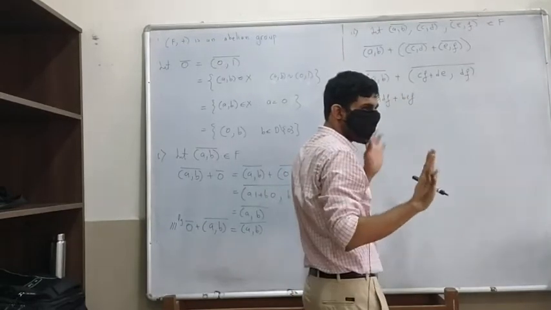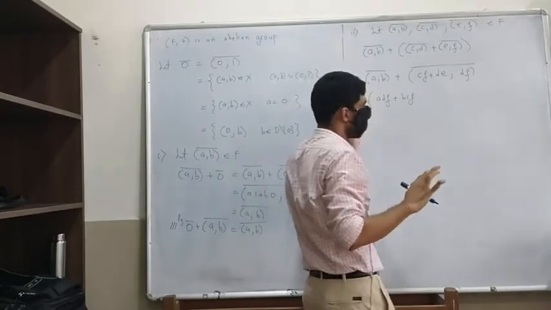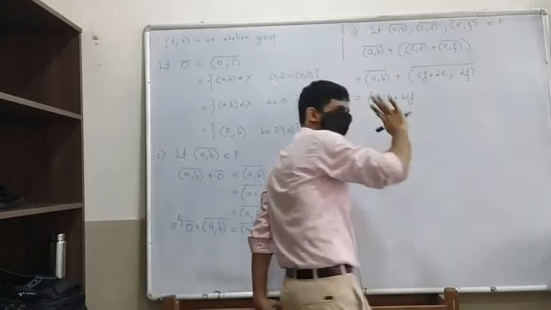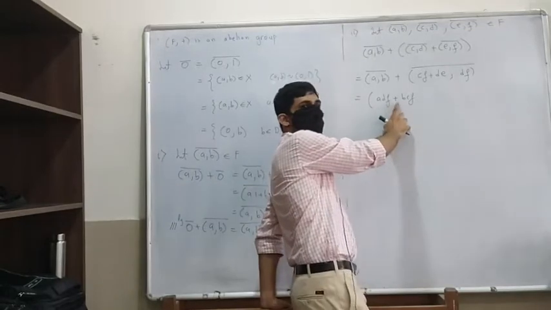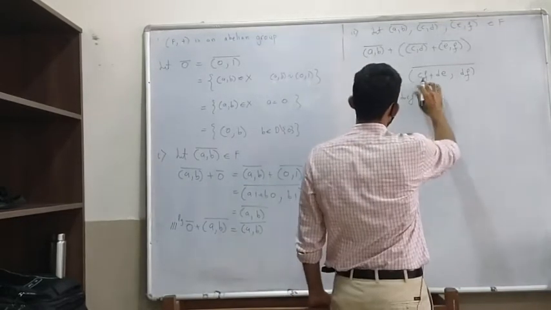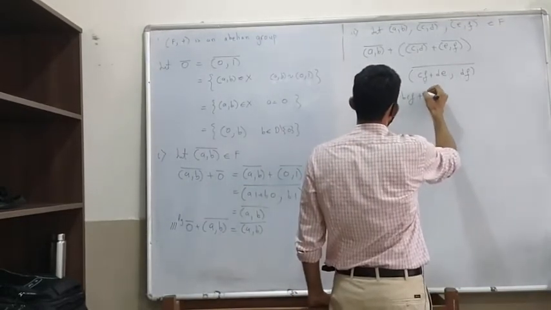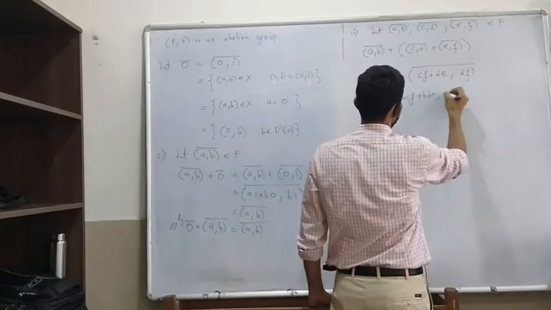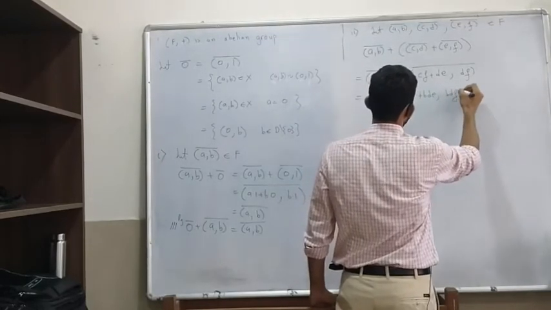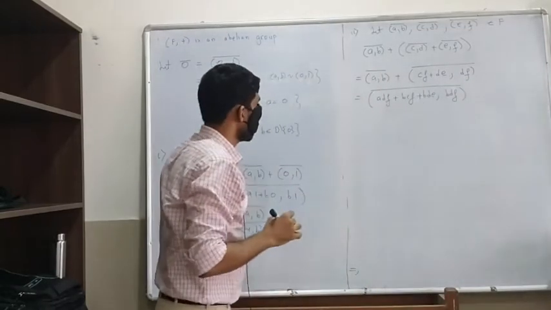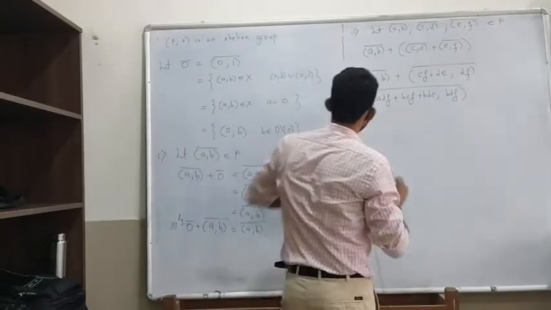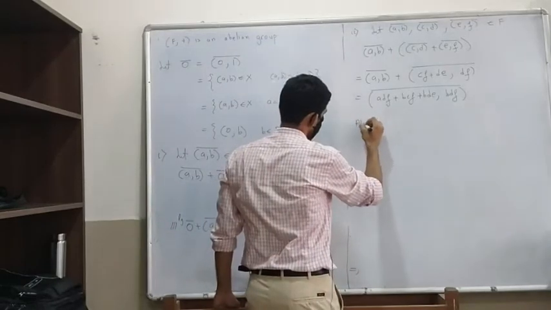I'm commuting also, otherwise it will take too long. In D I know I can commute, so I'm going to commute here. These are all elements of D. Plus bde, bdf. That's what we get.